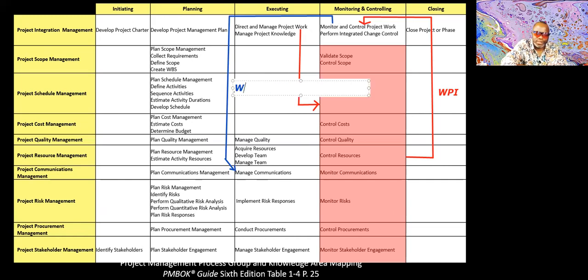So the work performance report comes out of monitor and control project work, and it goes to 4 places. I'll show you the others, but the main place is manage communications because you're going to distribute it. And another place is also the very process that sits with monitor and control project work. I'm talking about perform integrated change control. That also uses the work performance report, as I explained earlier.